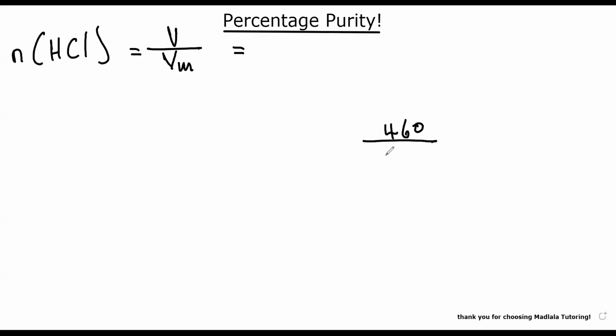So here we are just going to quickly find the number of moles of the hydrochloric acid gas. And here we use the formula of volume divided by the molar gas volume. Our volume is given to us in cubic centimeters. So we need to convert it to cubic decimeters. And of course, we understand that we need to divide by 1,000. And so we find that our volume will just be 0.46.